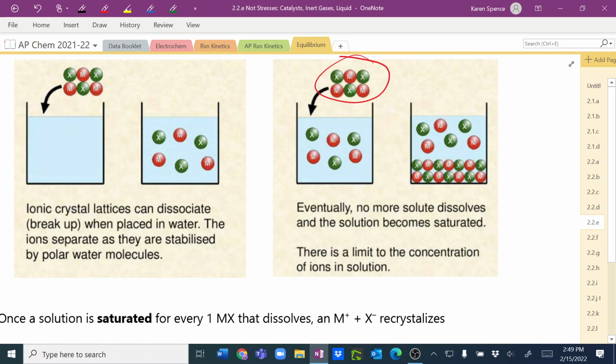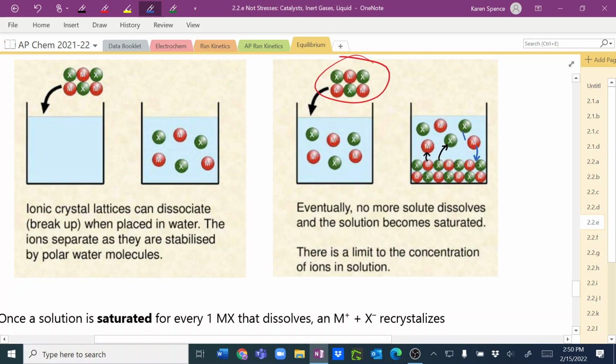This is going to be unit 3, by the way, solubility equilibrium. And what will happen is that for every M and X that dissolve, an M and X will also reprecipitate. Does that make sense? Sort of. And if it doesn't, that's okay. That's a whole other unit.